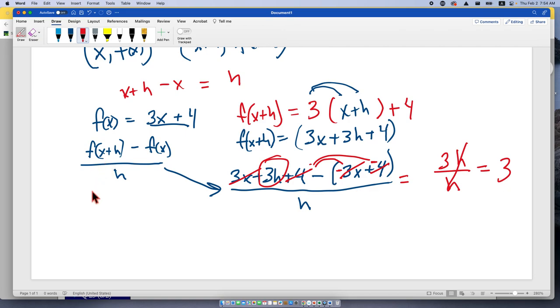And again, in this very beginning part, can we let h become 0 without bad things happening? Well, what happens when we divide by 0? What does your calculator tell you whenever you try to divide by 0?